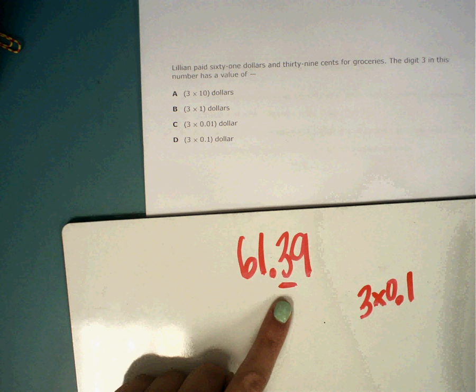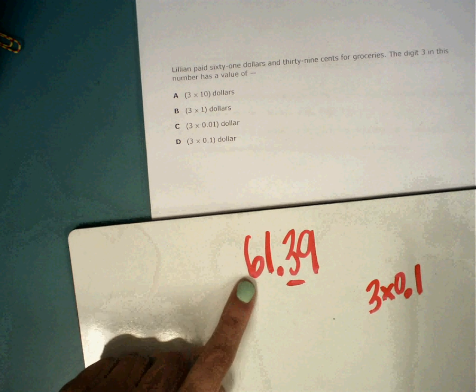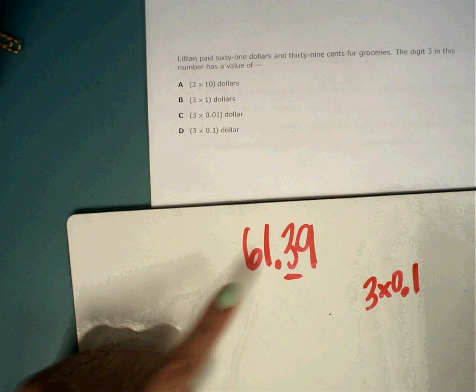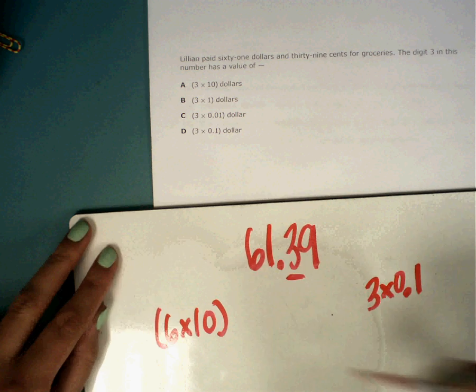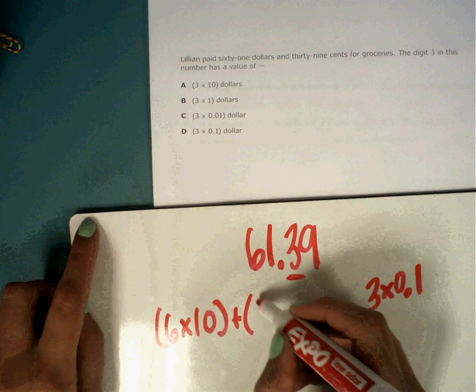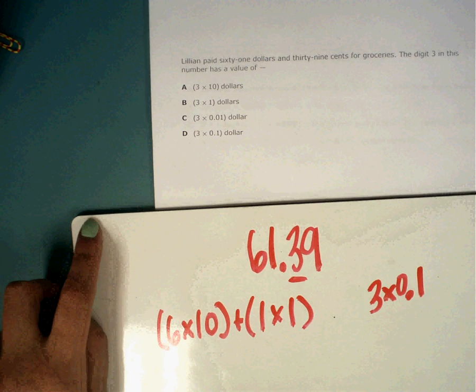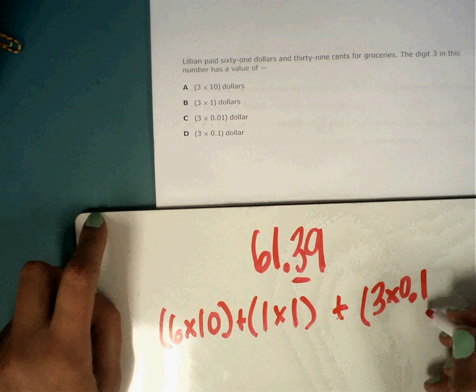Okay? Let's actually do this for all of these numbers. So this is 6 whats? 6 tens. So this would be 6 times 10. You see where I'm going with this? This is 1, 1. So this is plus 1, 1. So 1 times 1. Plus 3 tenths. So 3 times 1/10.